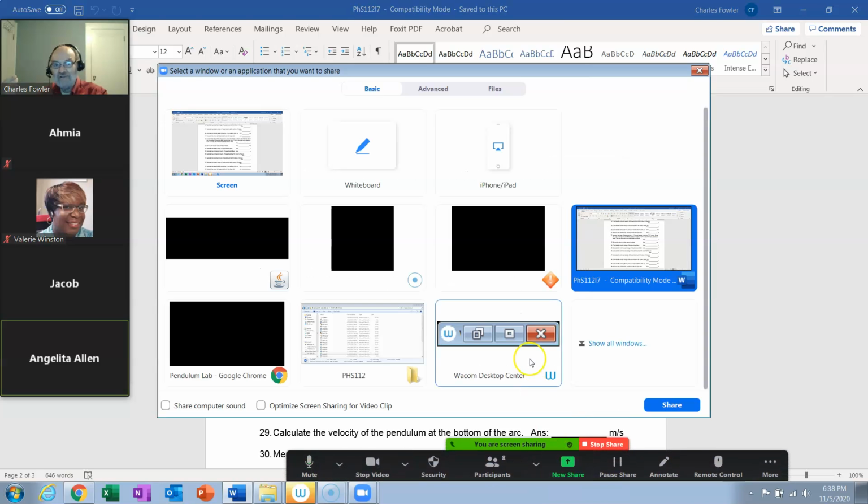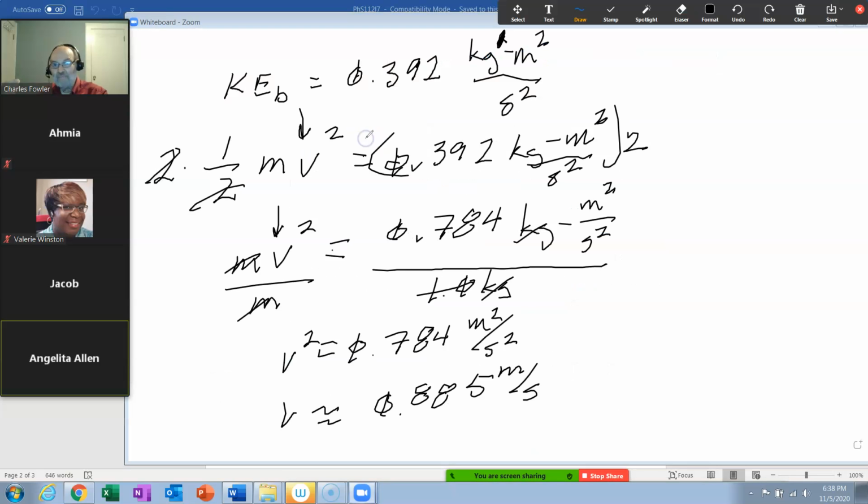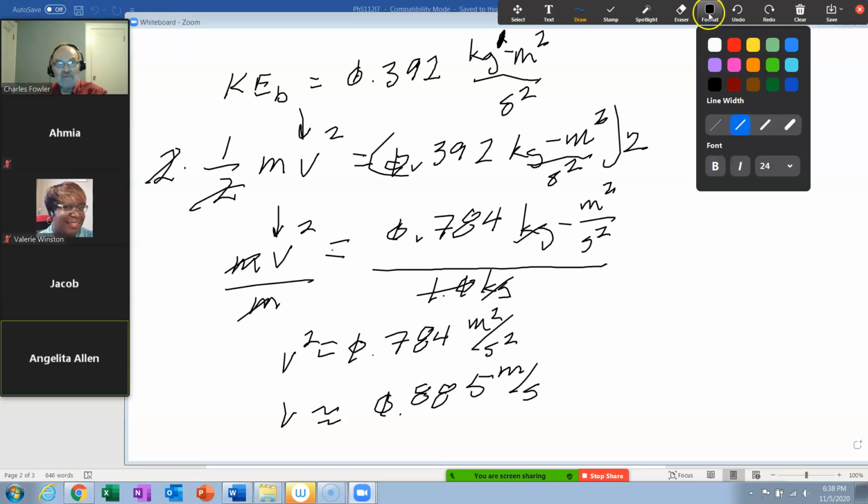So this time, to get the velocity, we have a new kinetic energy. So let's go back to our whiteboard. And now, wow, that went up a lot, didn't it? So let's do it over here. You want to do it in a different color? We've got lavender, red, pink. Red will be fine. Okay, let me get red back.